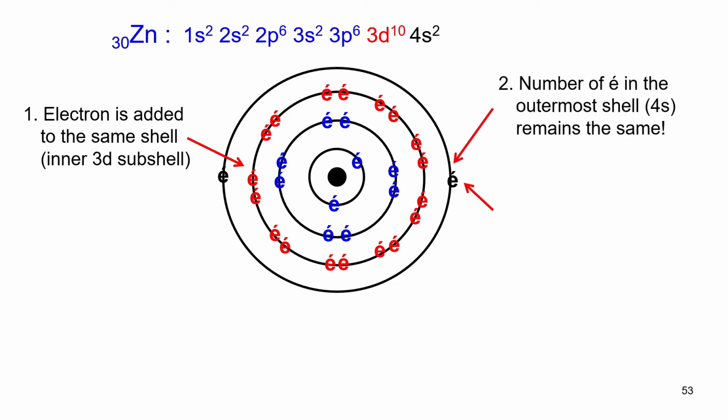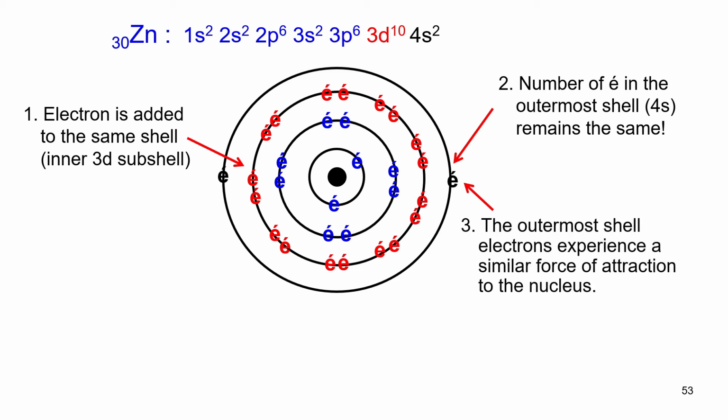So the number of electrons in the outermost shell for s remains the same. So the number of electrons in the outermost shell is still how many? 2. What increases is the d orbital, in the middle.